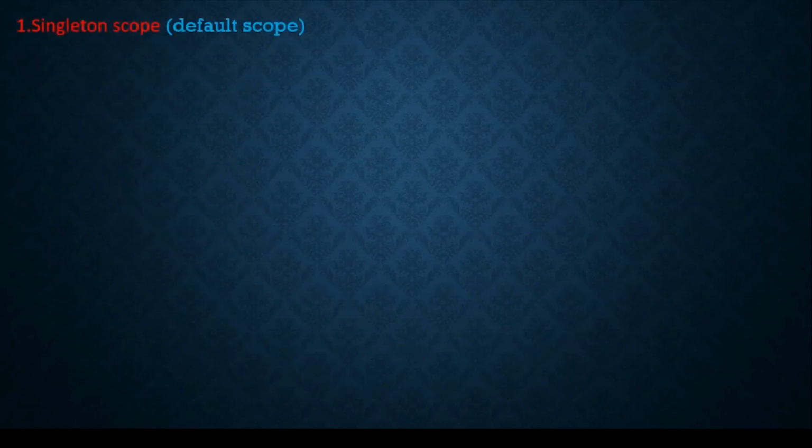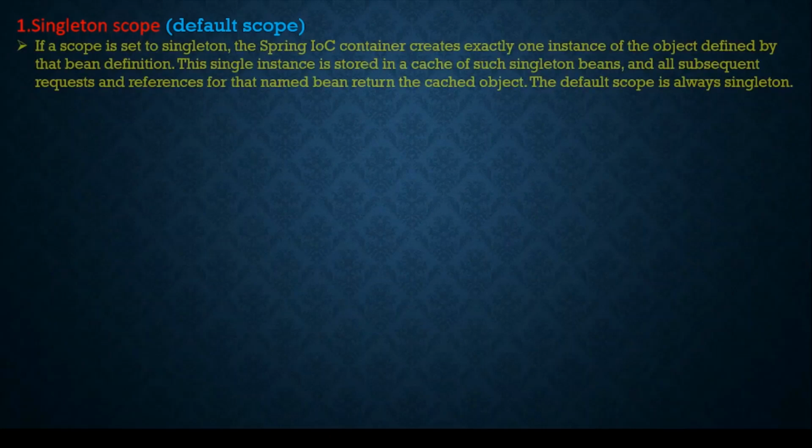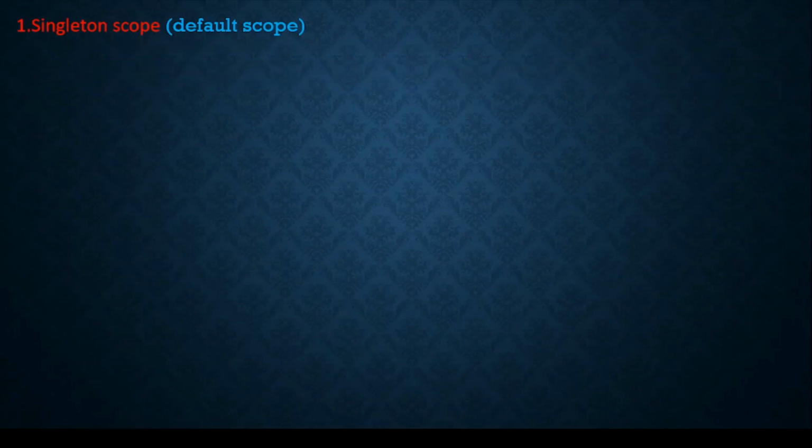Let me tell briefly what we mean by singleton scope. Whenever we create the object of the bean, one object of the bean definition is created, right? Whenever we call the get bean method, it creates only one object.